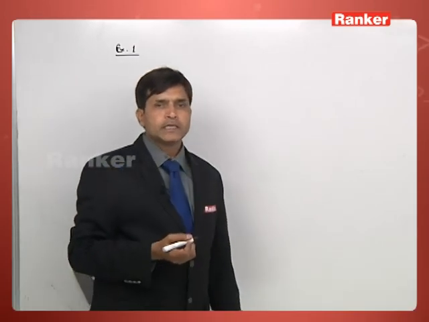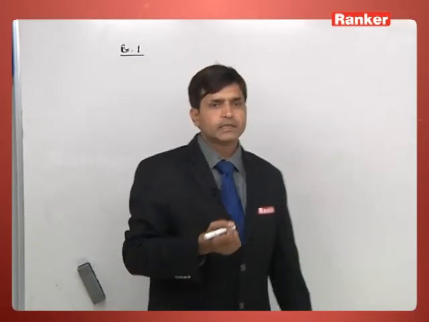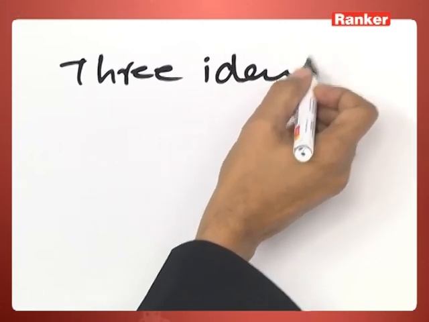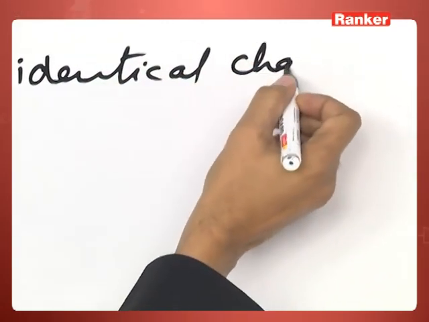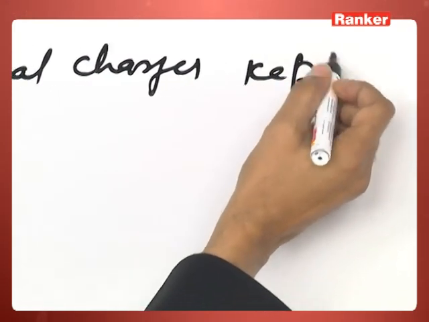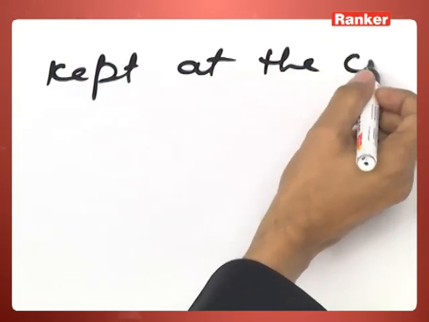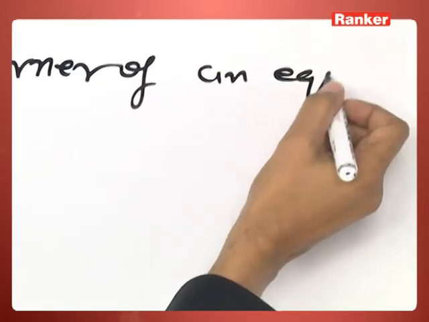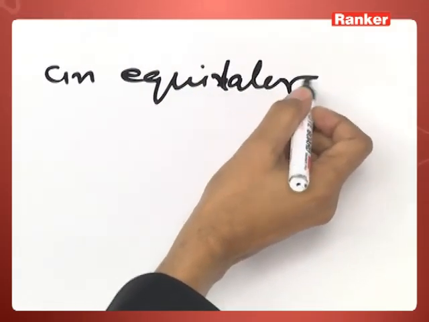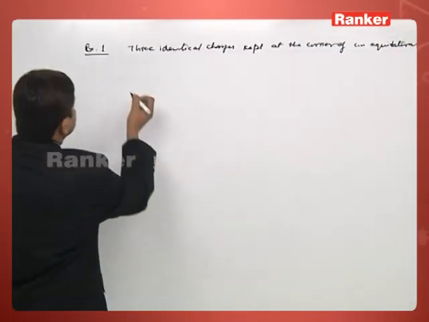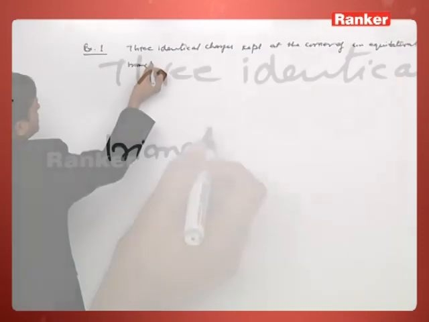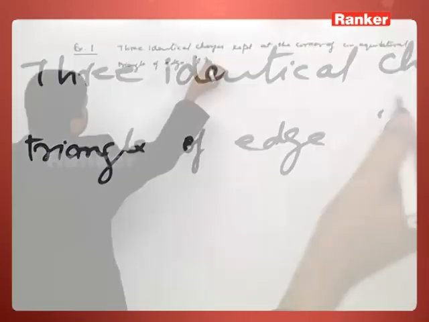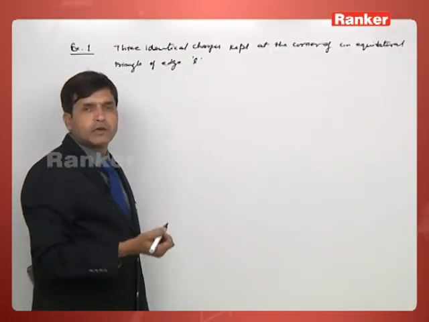Let three identical charges be kept at the corners of an equilateral triangle of edge L. Find the force on any one of the charged particles.